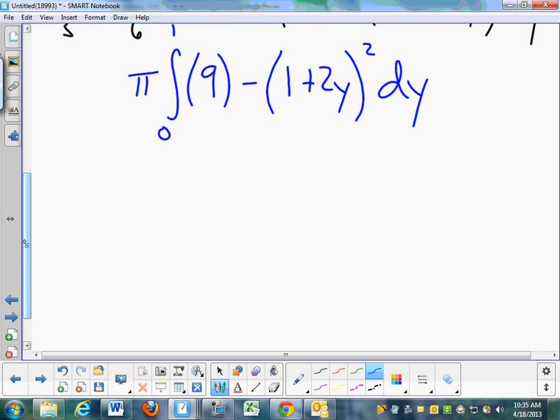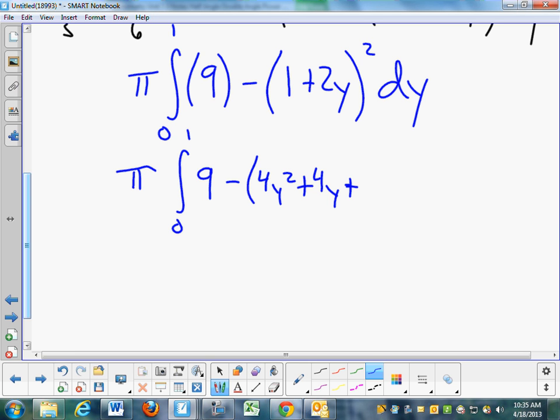Now we just have the algebra. We have pi times the integral from 0 to 1, 9 minus, parentheses, FOIL this out.